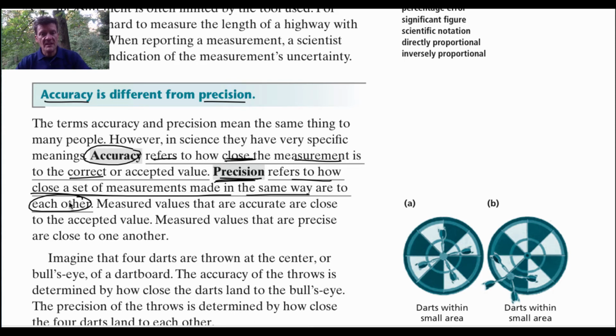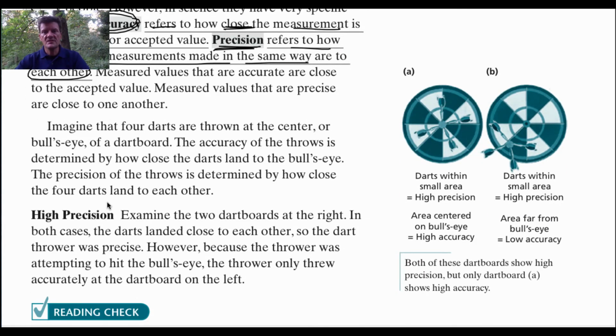You don't know if either of them are correct. You're just taking a whole bunch of measurements, and if they're all pretty close together, then your instrument is precise. You've been precise in taking that measurement. Okay? And if you know for sure that your measurement is correct, based upon the accepted value, then it is accurate.